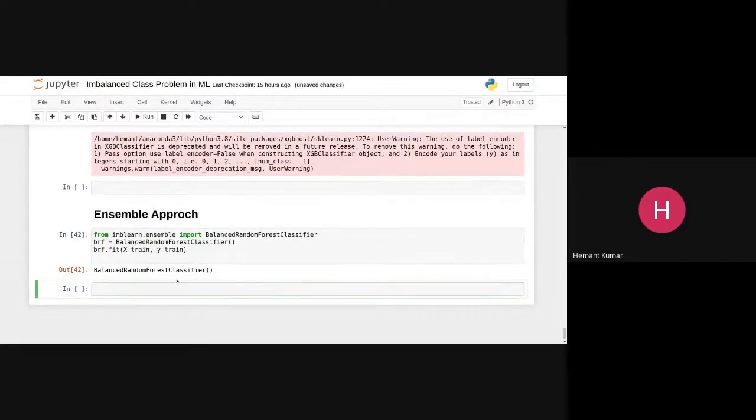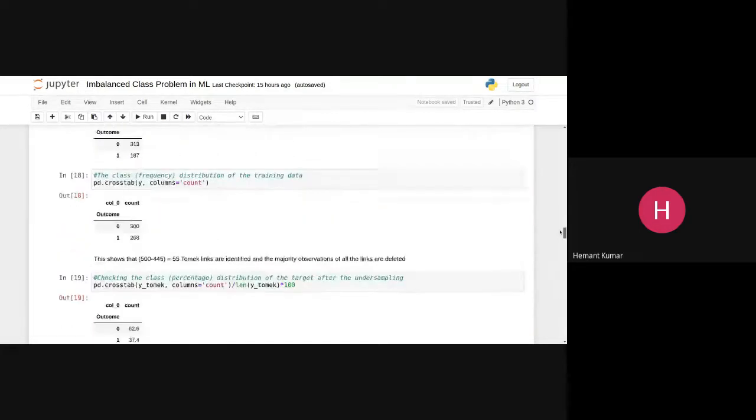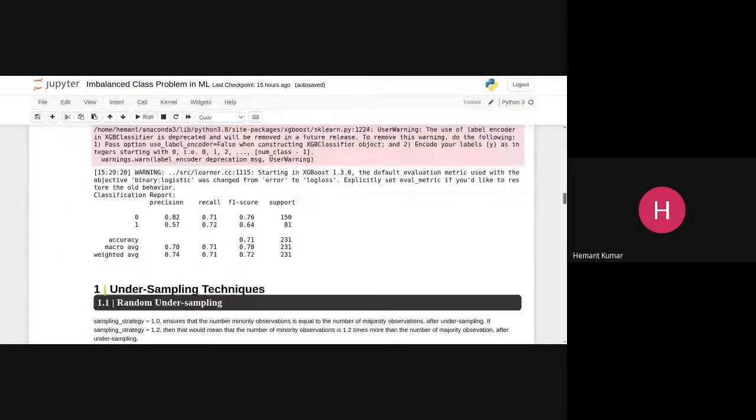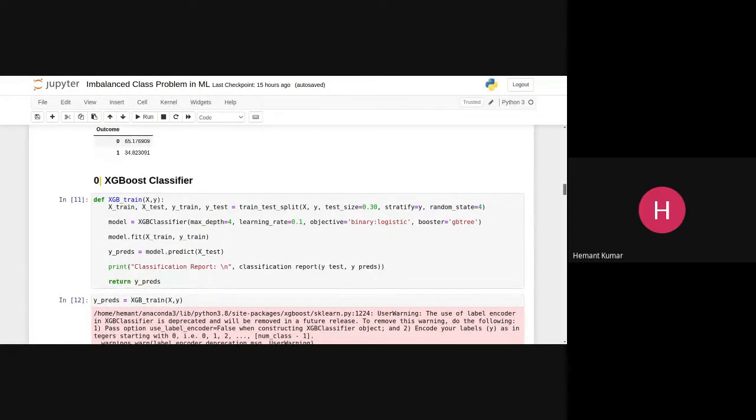So BRF fit. For that we just copy that code completely here, the Y predictions and these two, and copy them here.